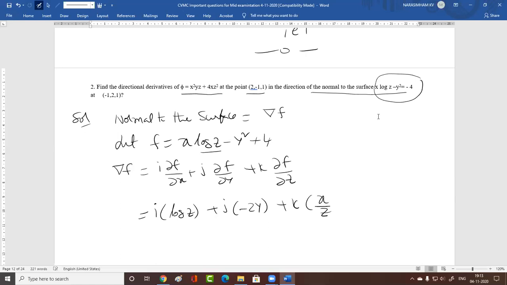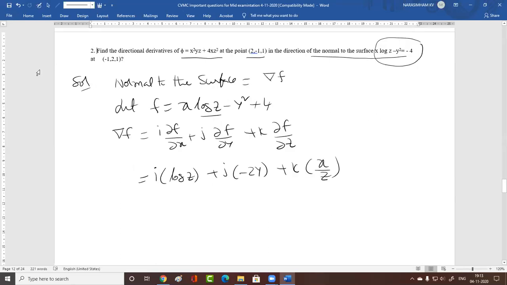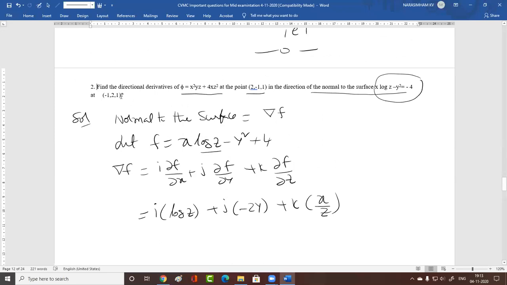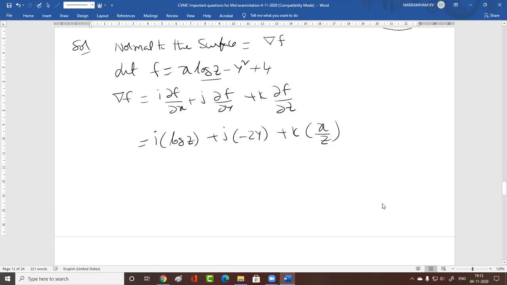The direction at the point -1, 2, 1 is also given. So del f, just substitute x equals -1, y equals 2, z equals 1.